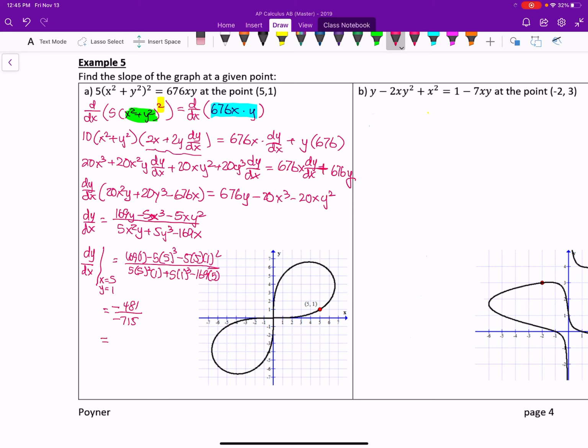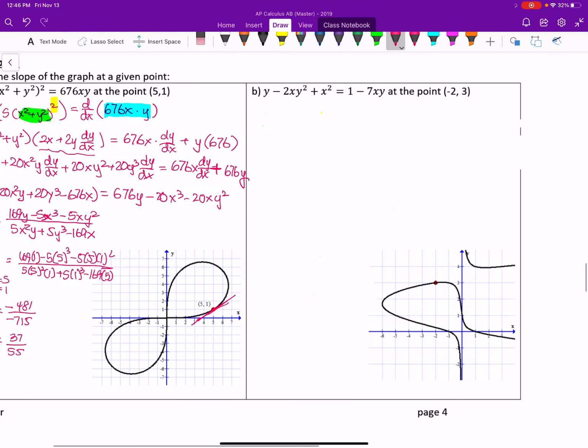That reduces to about 37 over 55. So that is going to give me a slope here. Ooh, that wasn't very accurately drawn, but it's going to give me a slope of approximately a half, maybe a bit steeper than a half, somewhere between a half and 1. The decimal notation would be 0.6727 for that.